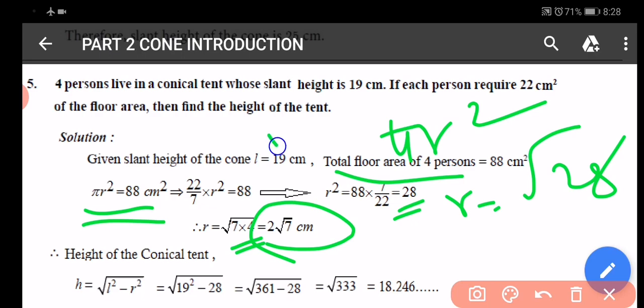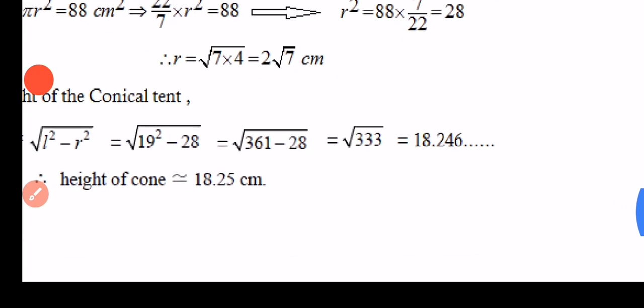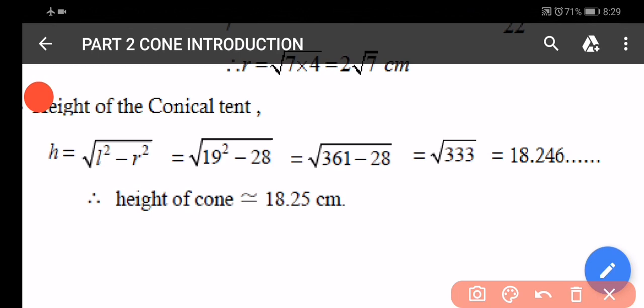So L is already given and r we have found. Then find the height of the conical tent. h equal to root of L squared minus r squared.